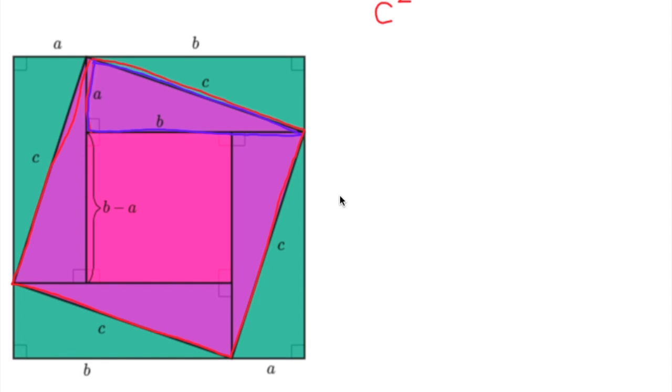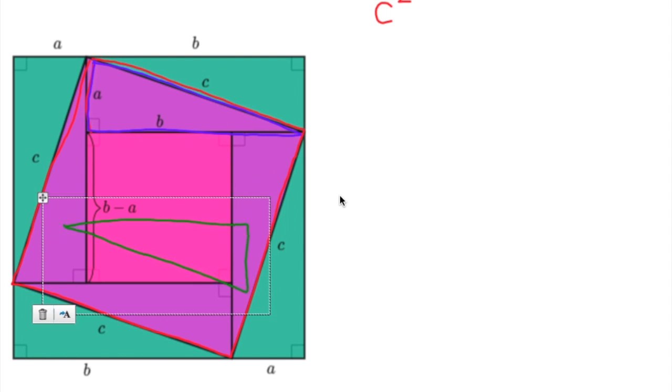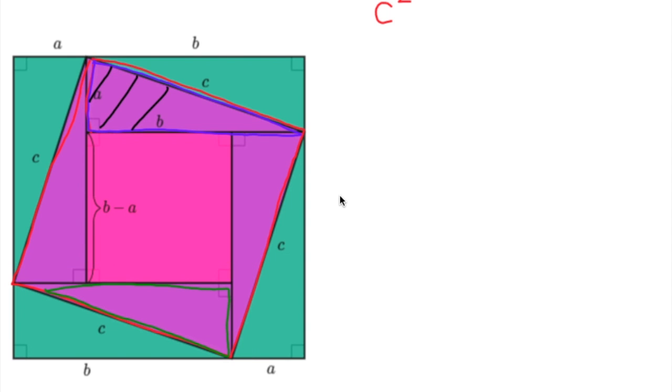Now, if I take this green triangle and move it down here, I can see it matches up with another triangle inside that c squared. So now I have two triangles that I can shade off inside. Well, what are those two triangles?